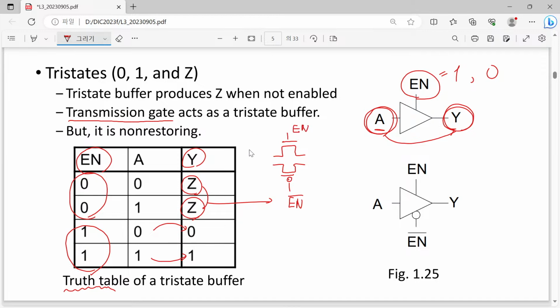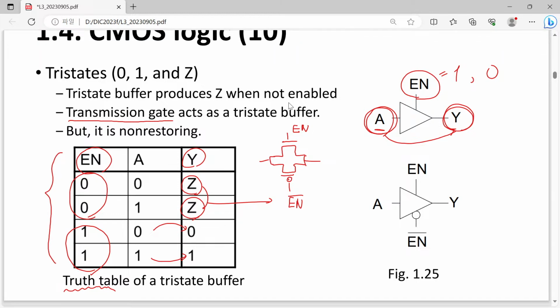This is called a transmission gate, and it can be used to realize this truth table, and it is called tri-state. Why is it called tri-state? Here tri means three states.